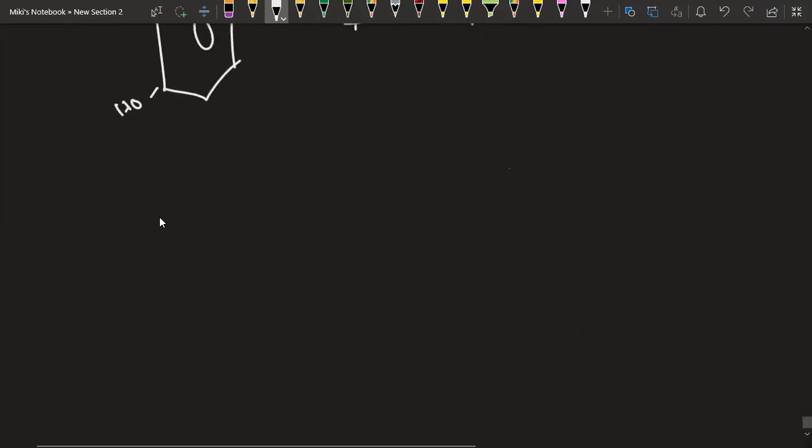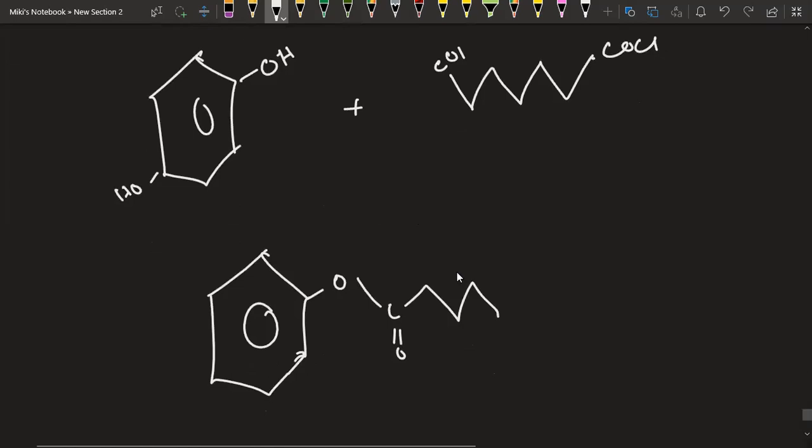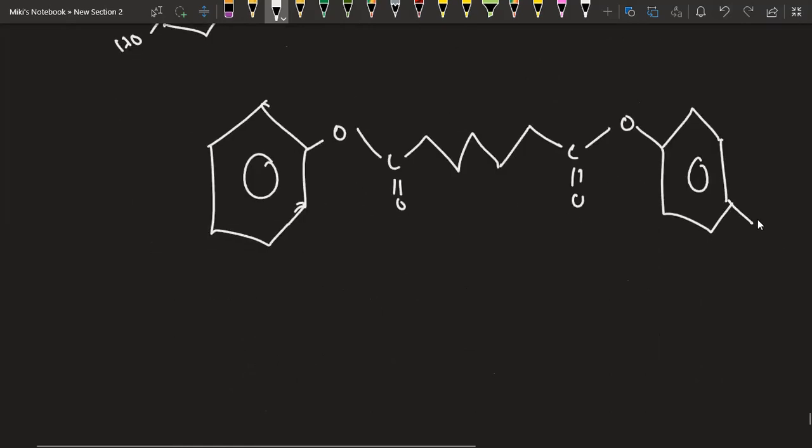So this is going to be the product. Let me draw it towards the right. We have this C here, oxygen, O. So this is the phenol we are actually talking about.